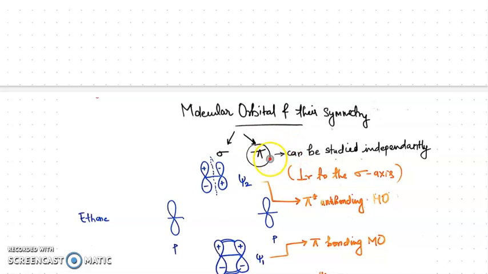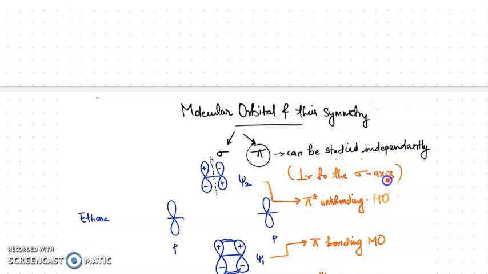So it would be better to study them independently from the sigma bond, and that we can do because, as you might remember, sigma bonds and pi bonds can be studied separately, since they happen along two perpendicular axes.